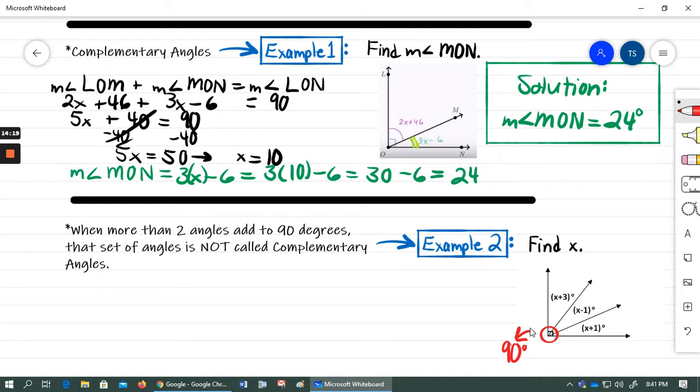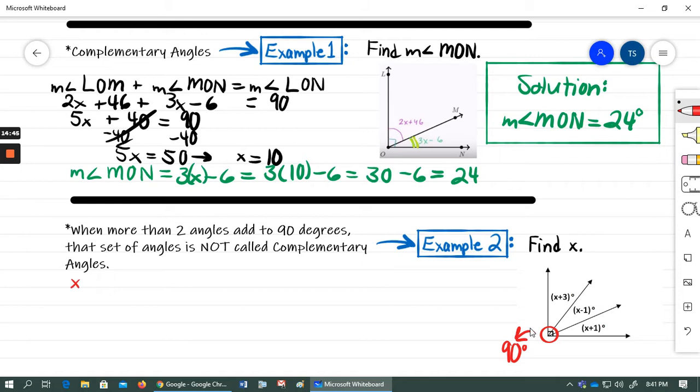So we can write out an angle addition postulate based on knowing that those three angle measurements, x plus 3 degrees, x minus 1 degrees, and x plus 1 degrees, all three of those angle measurements have to add to 90 degrees. And we'll write out an angle addition postulate based on that, because that does have to be true.